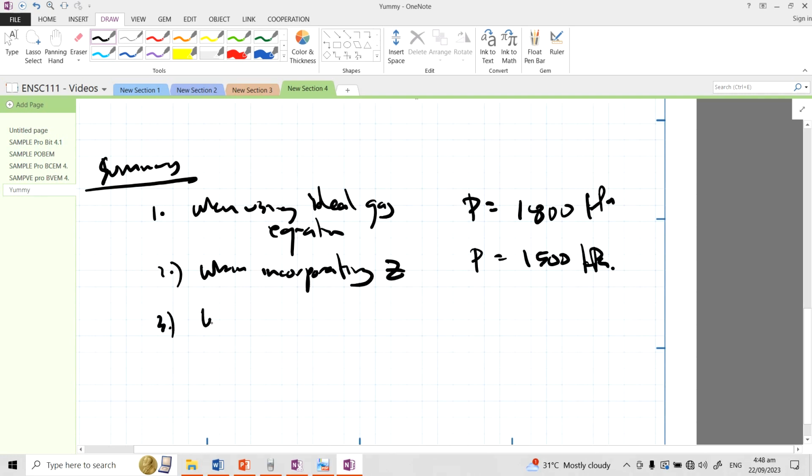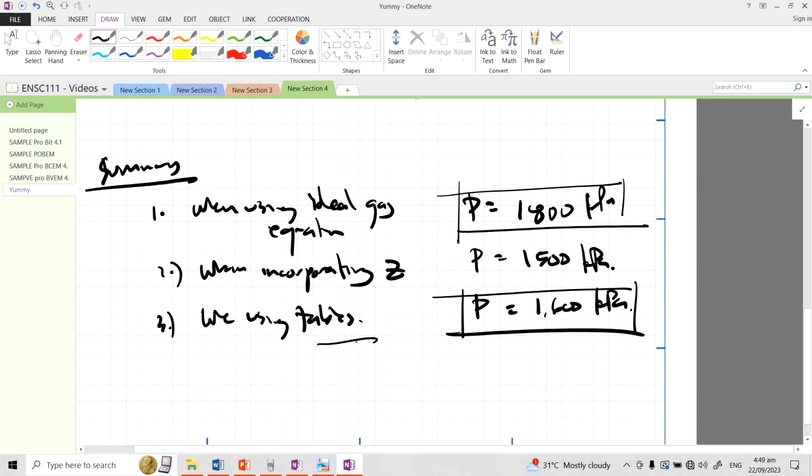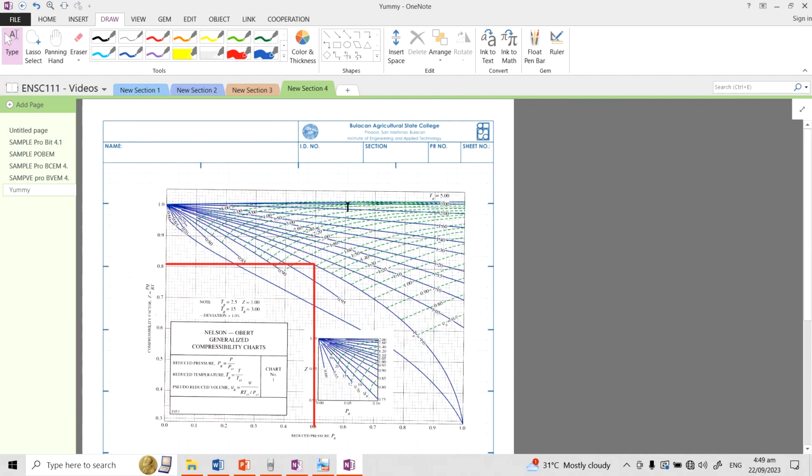And when using tables, our pressure is 1600 kPa. More or less we are in the same range, but as you can see, if we use just the ideal gas without including the compressibility factor, then with respect to the table values we have a greater percentage of error. Okay, so that's all for this sample problem 1.